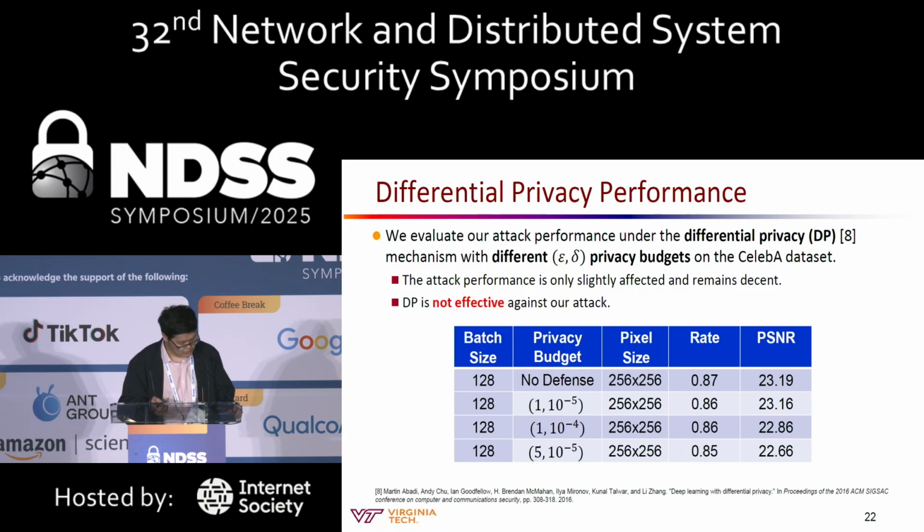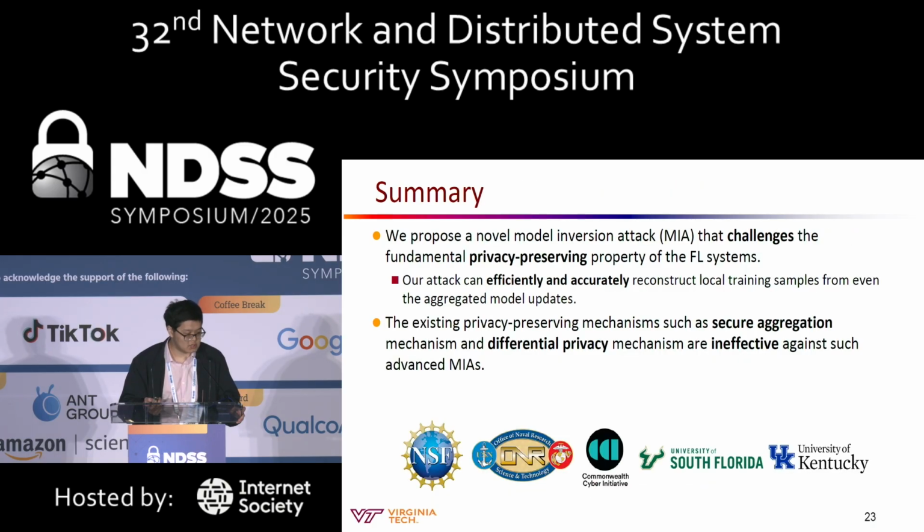Another thing I want to mention is that we also evaluated our attack's performance against the differential privacy mechanism, because when we talk about privacy, it's natural for people to think about differential privacy, but unfortunately, according to our results, differential privacy is not that effective against our attack. In summary, we propose a novel model inversion or data reconstruction attack that challenges the privacy-preserving mechanisms of federated learning systems.